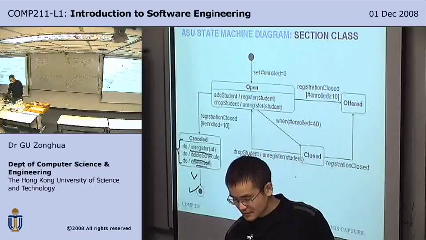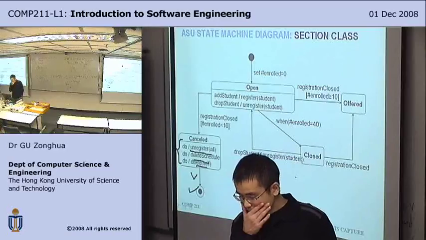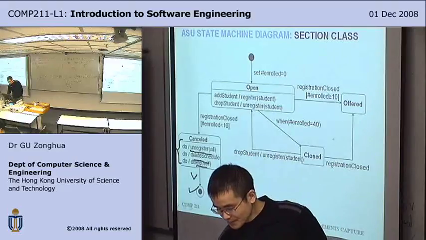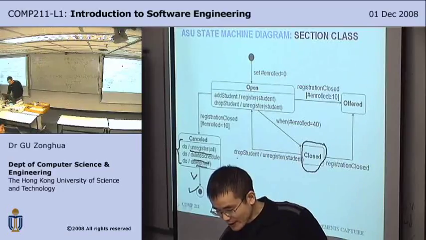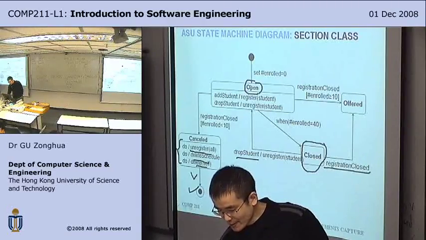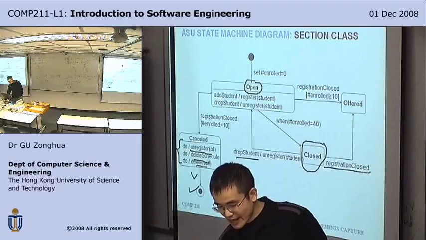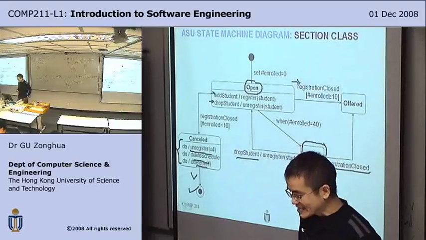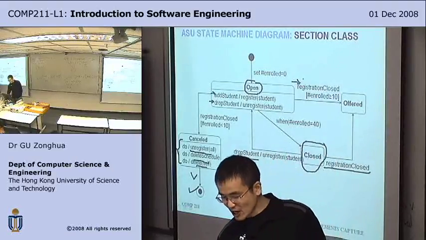Closed. Notice while you're in the closed state, you can handle two events: drop student and registration closed. While you're in the open state, you can handle how many events? You can handle three events: add student, drop student, and registration closed. Depending on the guard, you go into a different next state when the registration closed event happens.